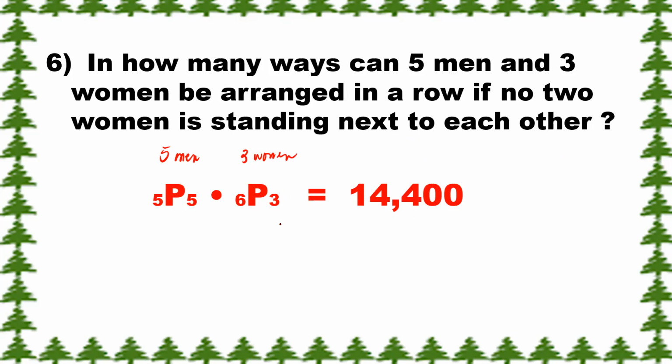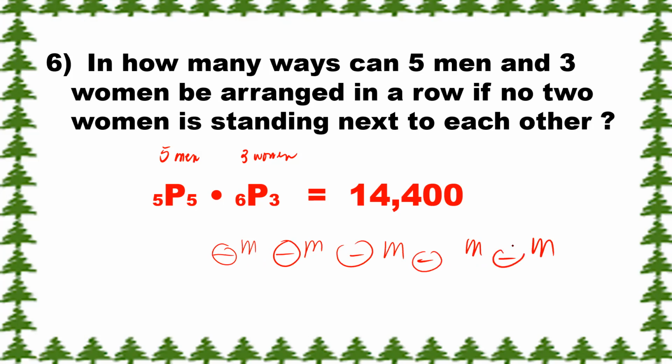I mean, 1 man. So, katulad ng kaninang binigay ko, men, men, men, men, men. Then we have these positions to be filled by women. So, merong 6 na posisyon, at 3 lang doon sa position na yun yung gagamitin natin for women.